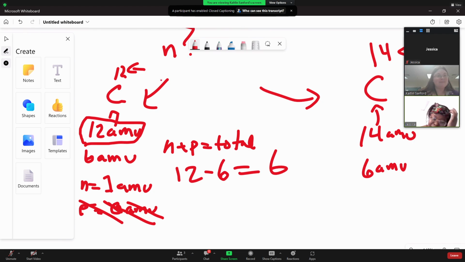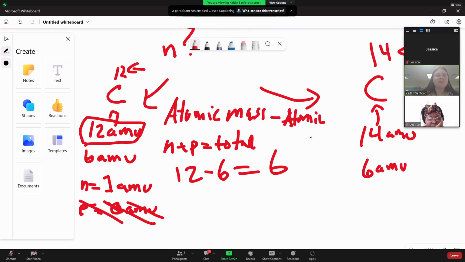The shortcut is to take your atomic mass and subtract the atomic number. What about for this one? How many neutrons does this atom of carbon-14 have?